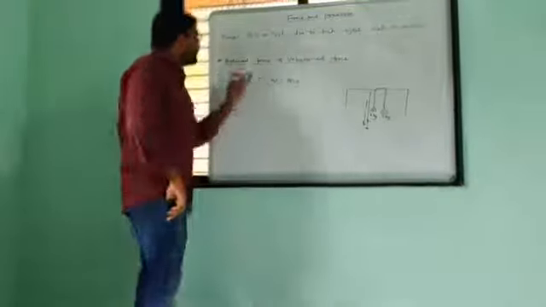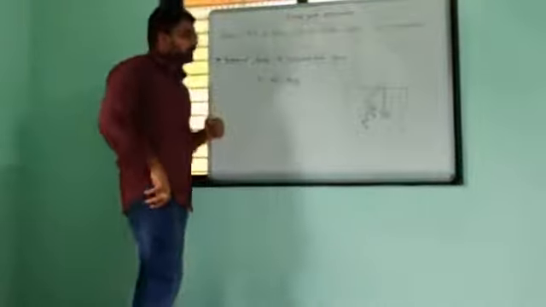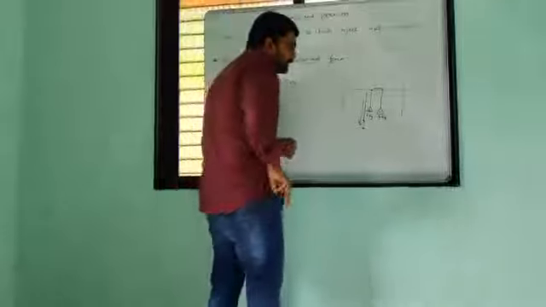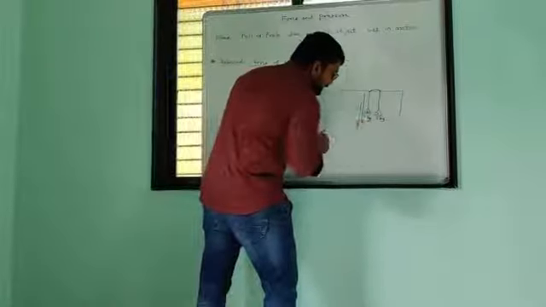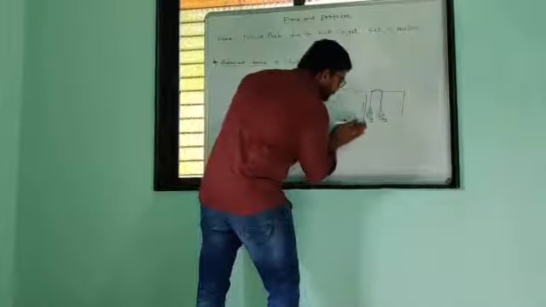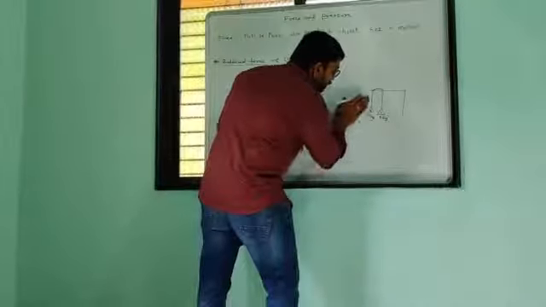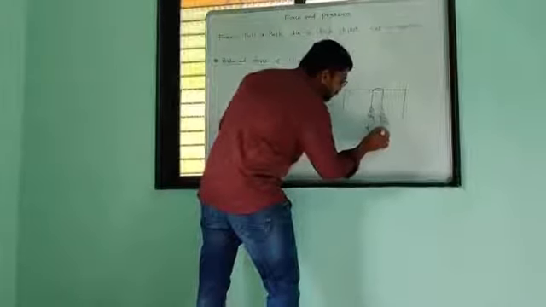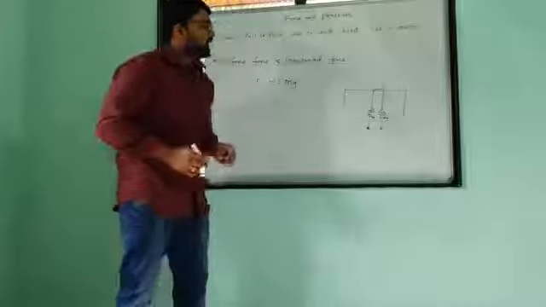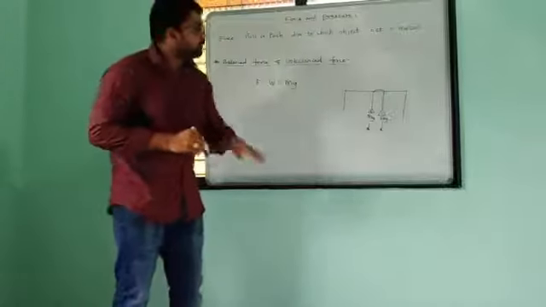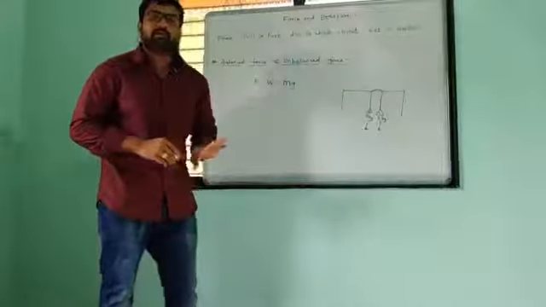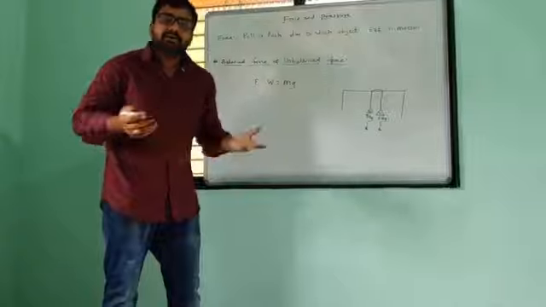So simply, balanced force means what? Equal. Initially 5 kg and 5 kg, here equal force acts downward on both ends of the string. So this case is simply called a balanced condition.